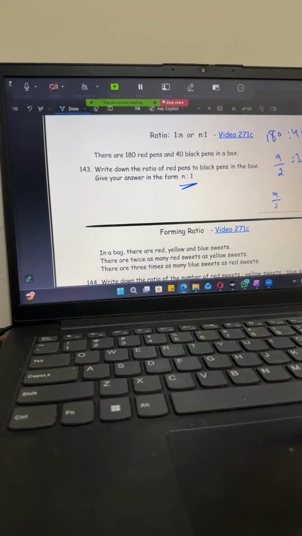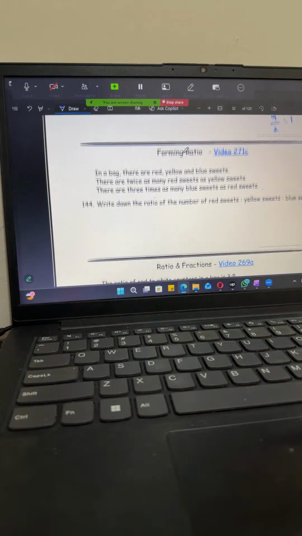So n is going to be 9 over 2, and then it's ratio 1, okay? Is it clear? Yes. Whenever they ask about something like this, divide both parts of the ratio by the lowest number.